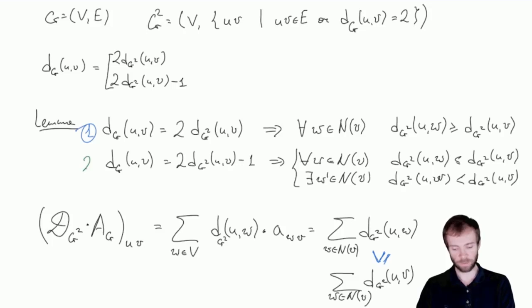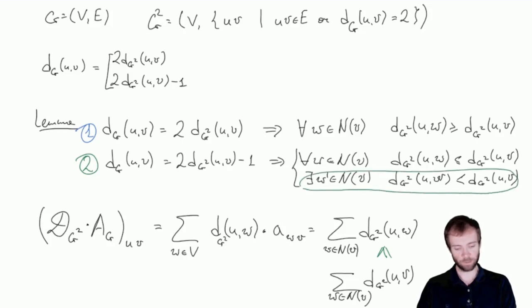Now, in the second case, we have a different kind of inequality, and moreover, this inequality is strict, because the corresponding terms in our sums satisfy this kind of inequality, and there will exist at least one term for which we have strict inequality. So that's why for the sums in total we have strict inequality in the opposite direction.